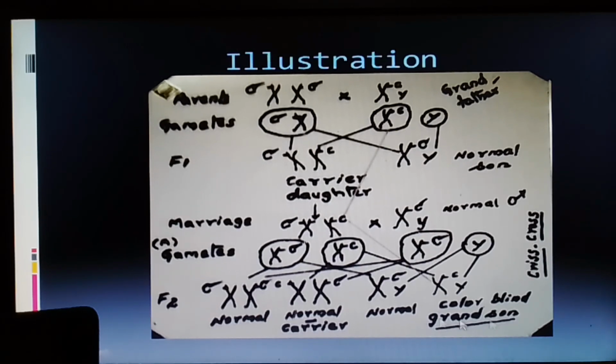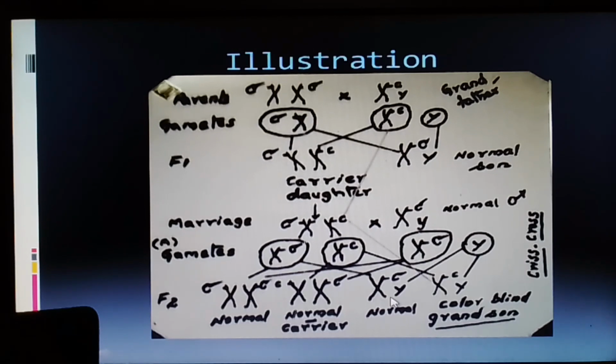But regarding the son, he will be receiving X from the mother, with the possibility of 50% of individuals receiving capital C and the other 50% receiving small c.